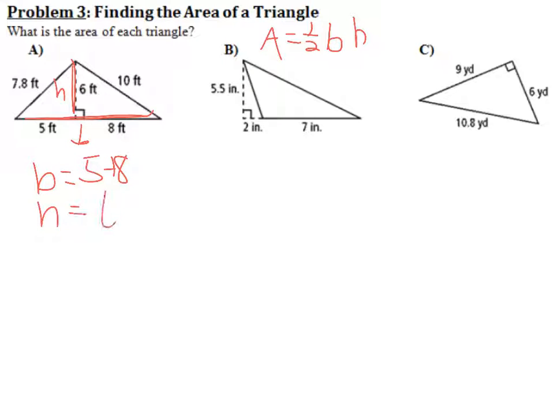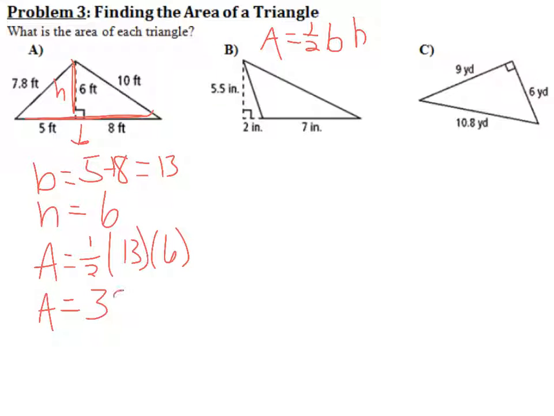My height is going to be 6. So I'm going to take my area, which is 1/2, times my base, times my height. And when I multiply those together, I get 39, and I put in my square feet label.